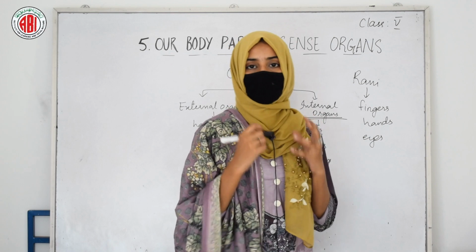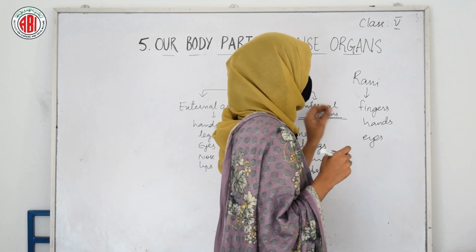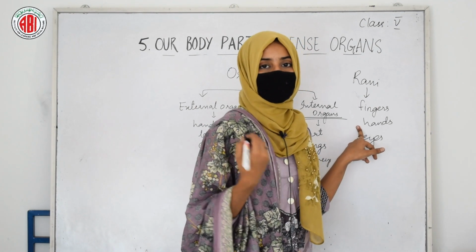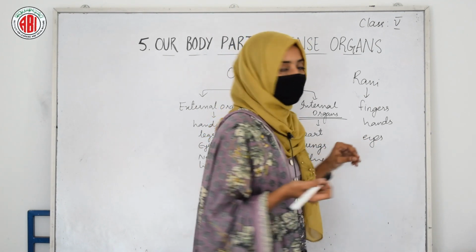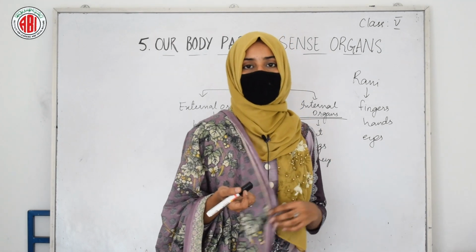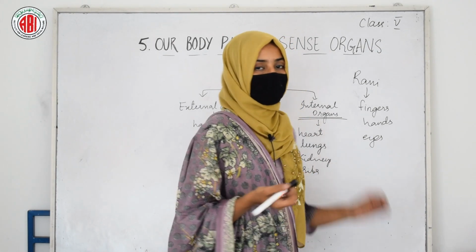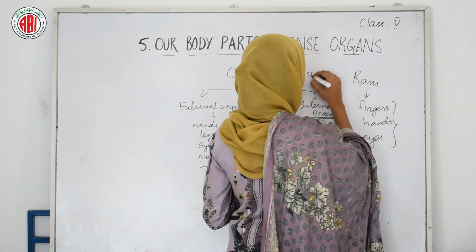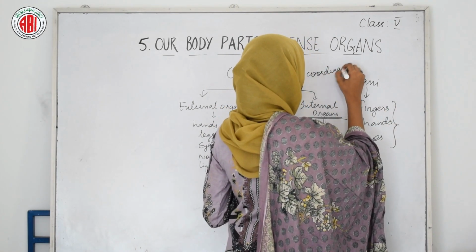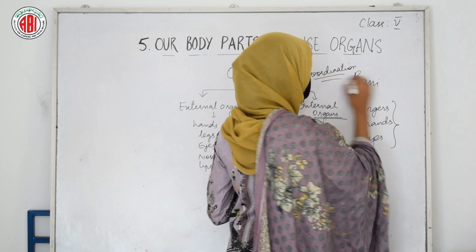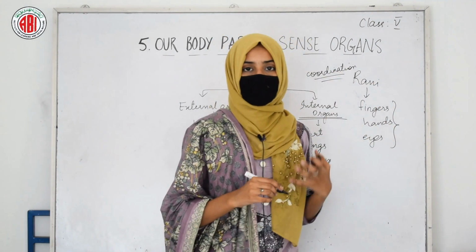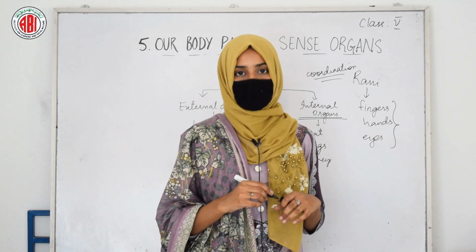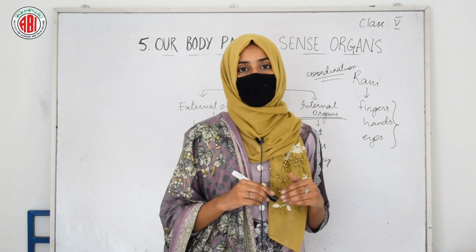The fingers help her in holding the pencil, with the help of her hands she can draw a picture, and with the help of her eyes, she can see what she is drawing. In such a way, the different organs show coordination. Due to the coordination of all these different organs, Rani can draw a picture. Likewise, we can do many different activities due to the coordination present between the different organs of our body.